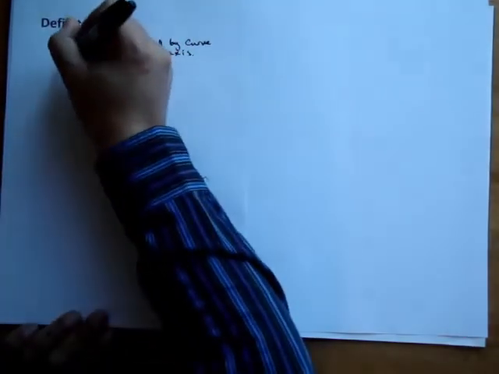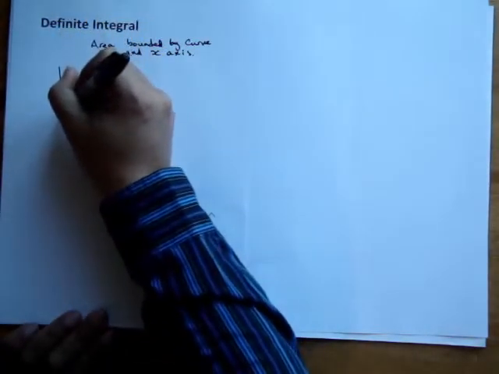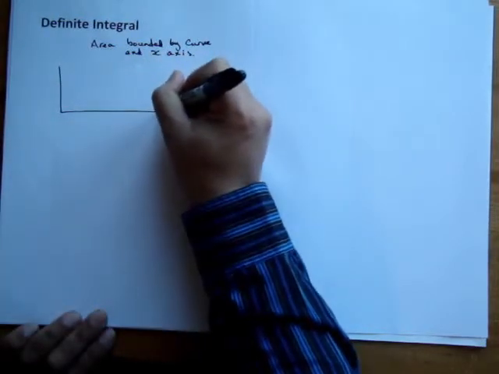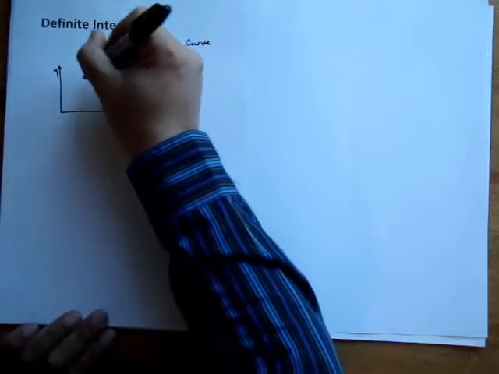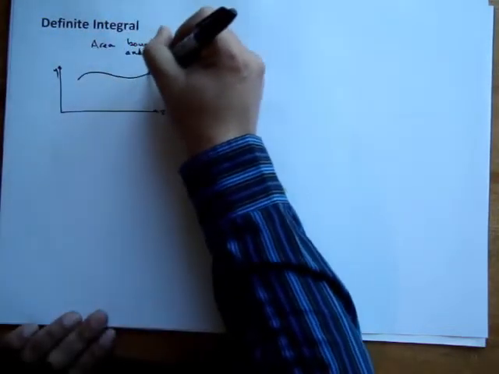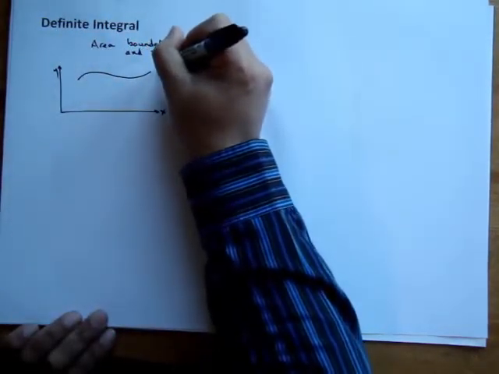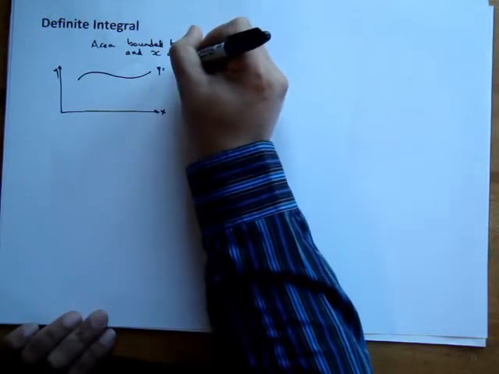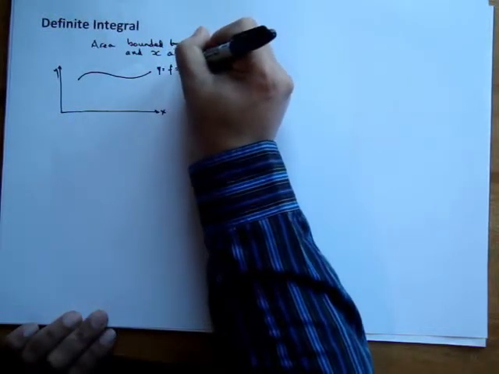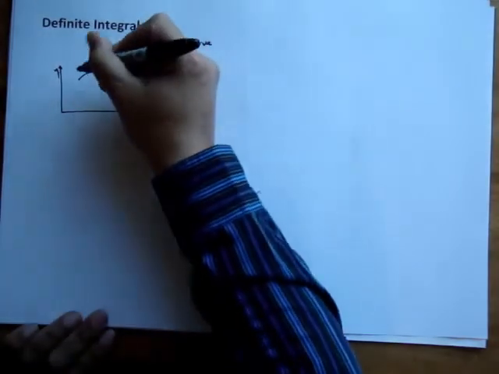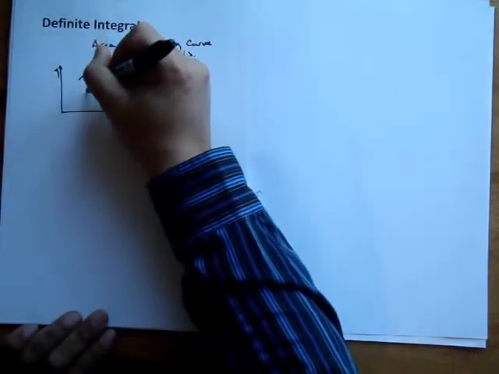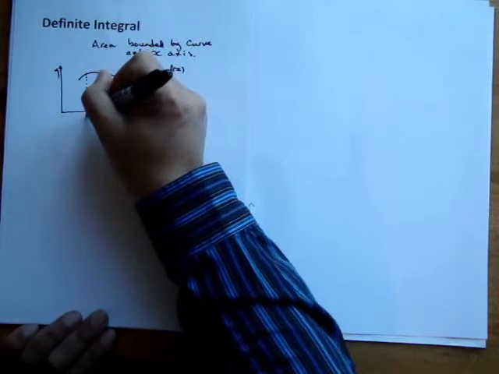So if we have a curve, this would be x, this would be y, and we have a curve y equals f of x, and it's continuous along a and b, so this would be a and b along the x-axis.